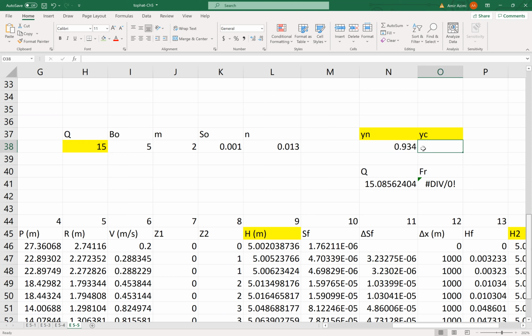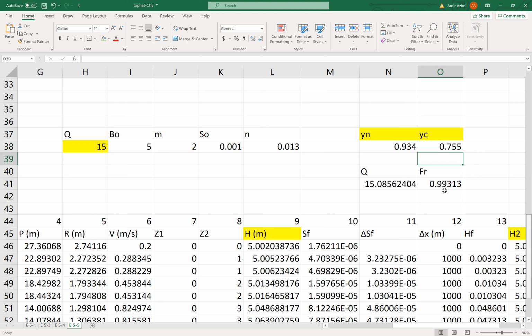For critical depth, I start with 1. So the Froude number is less than 1. Maybe I need to reduce the depth to get close to the critical flow. So maybe 0.9, maybe 0.5. So 0.7, okay, 0.75. Okay, we are very close. 0.76, 0.755.